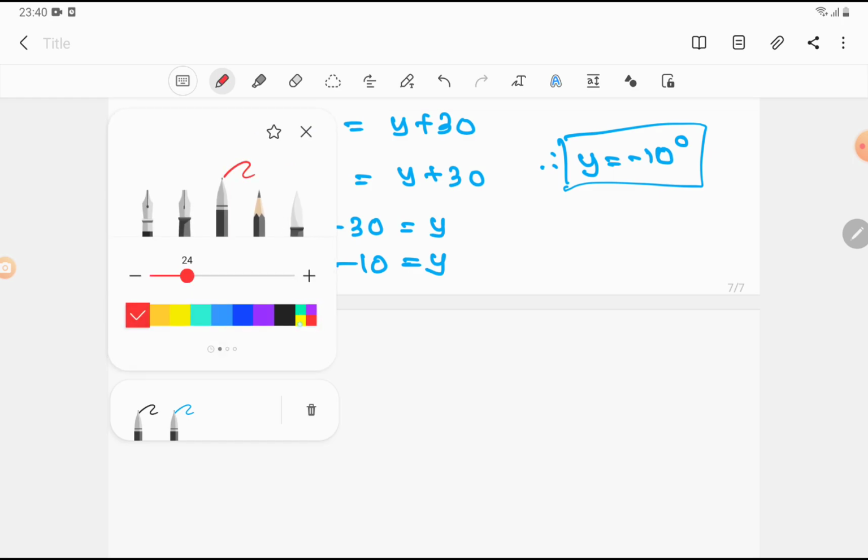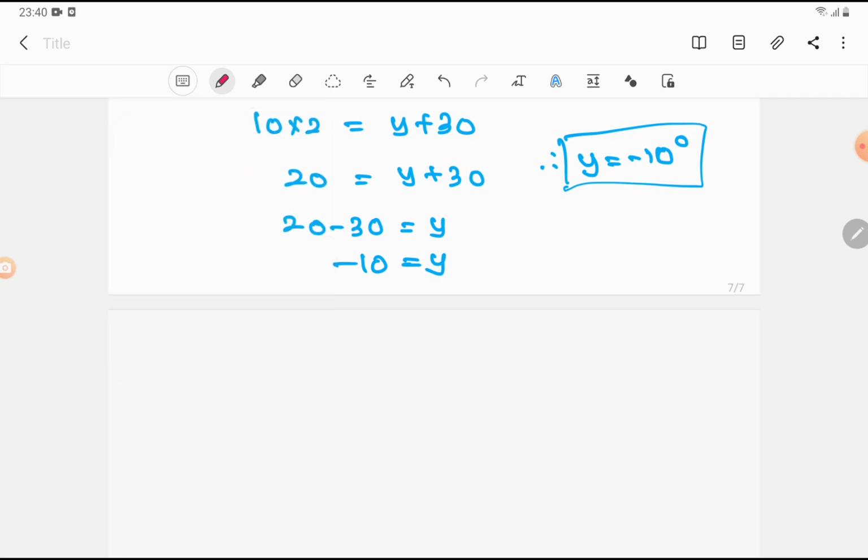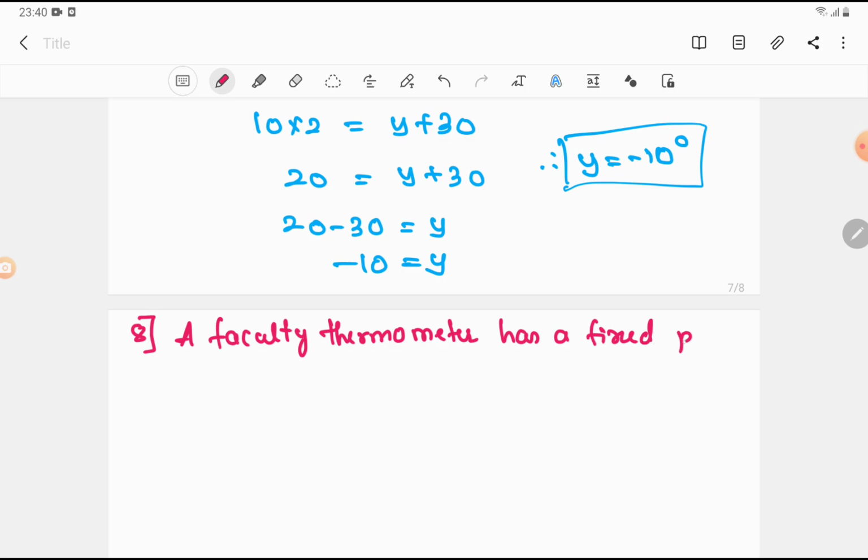Okay, now one more problem, the last problem. Problem number 8. A faulty thermometer has fixed points marked as 5 degree and 95 degree.